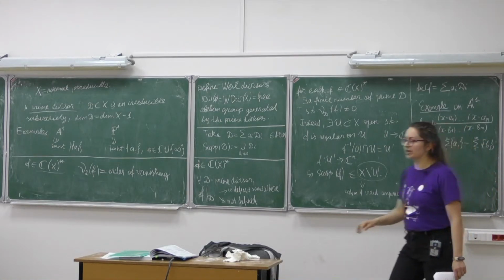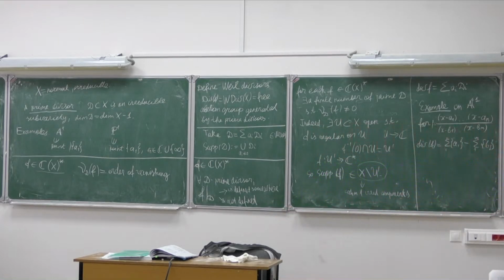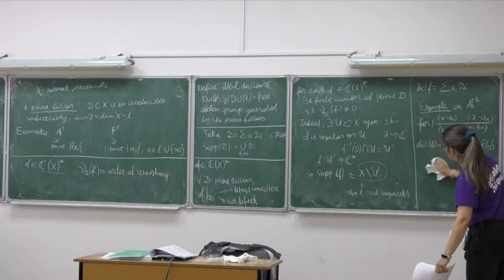So this is how we define principal divisors. We say that a principal divisor is a divisor of a function on our variety.